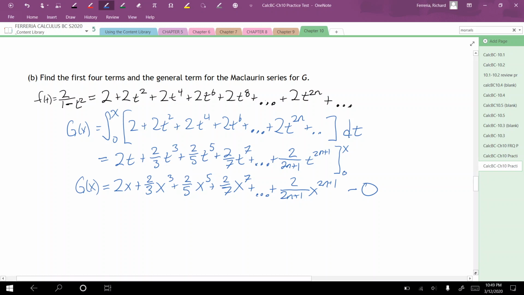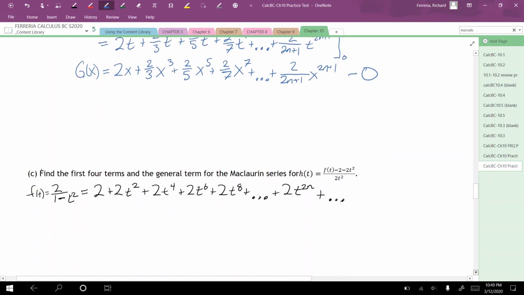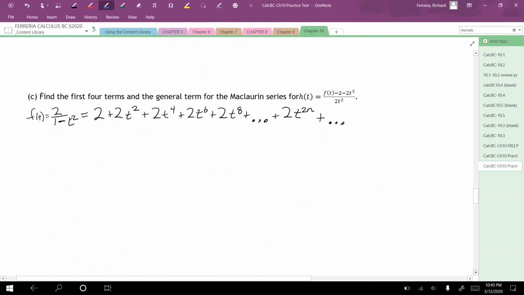And finally, letter C. This is the one where a lot of people are weirded out by. We're going to write the first four terms in the general term for f of t minus 2 minus 2t squared, everything over 2t squared. And the main thing to remember with this one for h is you only need to substitute that series for f of t just that one time.